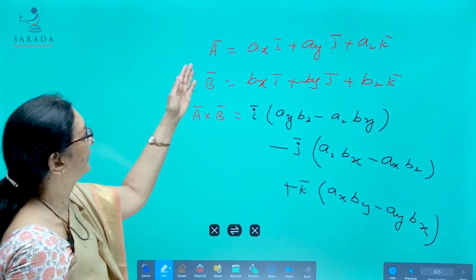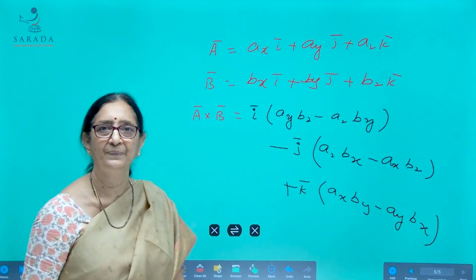That is the vector product of these two vectors a bar and b bar.